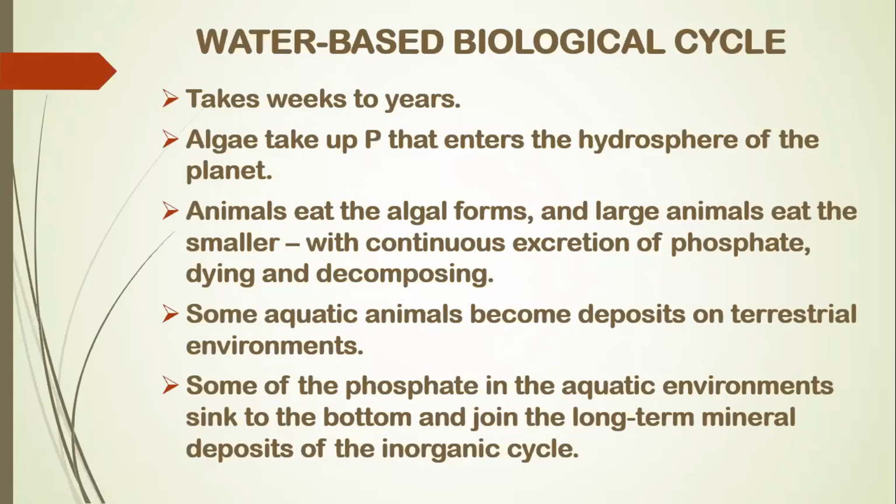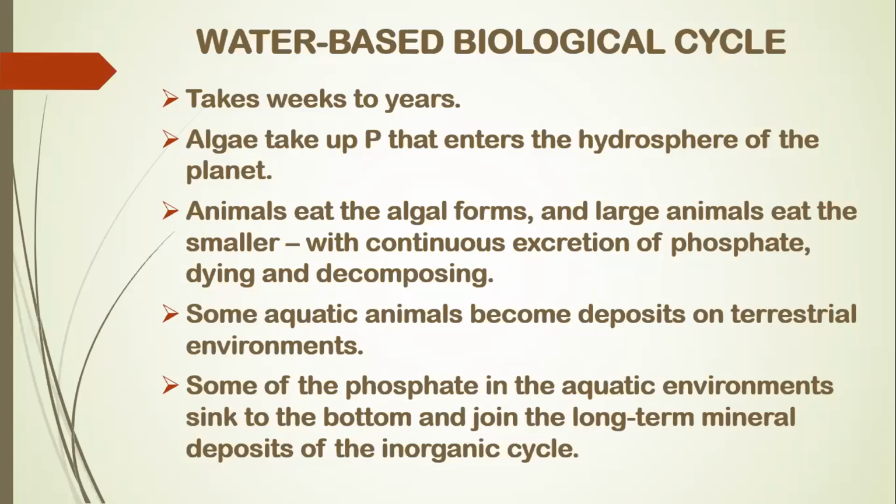Now we're going to talk about the cycling of phosphorus in water systems. In this case, with reference to time, it's observed that this cycle only requires some weeks to just a few years. Algae in aquatic systems take up phosphorus that enters the hydrosphere.